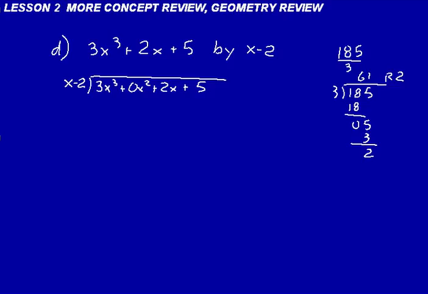Think about that 3x cubed. If I multiplied x minus 2 by 3x squared, I'd have 3x squared times x is 3x cubed, and then 3x squared times negative 2 is negative 6x squared. Subtract those, and you'd have 0x squared minus a negative, which is plus 6x squared.